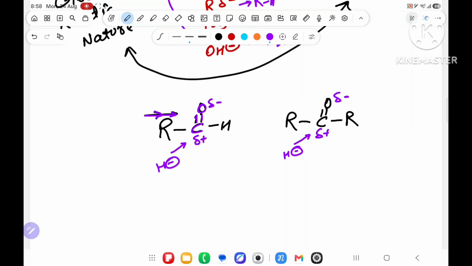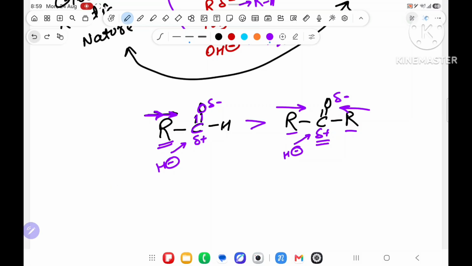Now whenever it is trying to attack, what will happen? Before H minus attacks, the delta plus is created. In the ketone, the delta plus will be stabilized by R plus effect from both sides. So it will say, okay, no problem, I am a little bit stable, the attack is a little bit slow. As well as it has more steric hindrance, while the aldehyde has less steric hindrance. So which has more rate? Aldehyde.